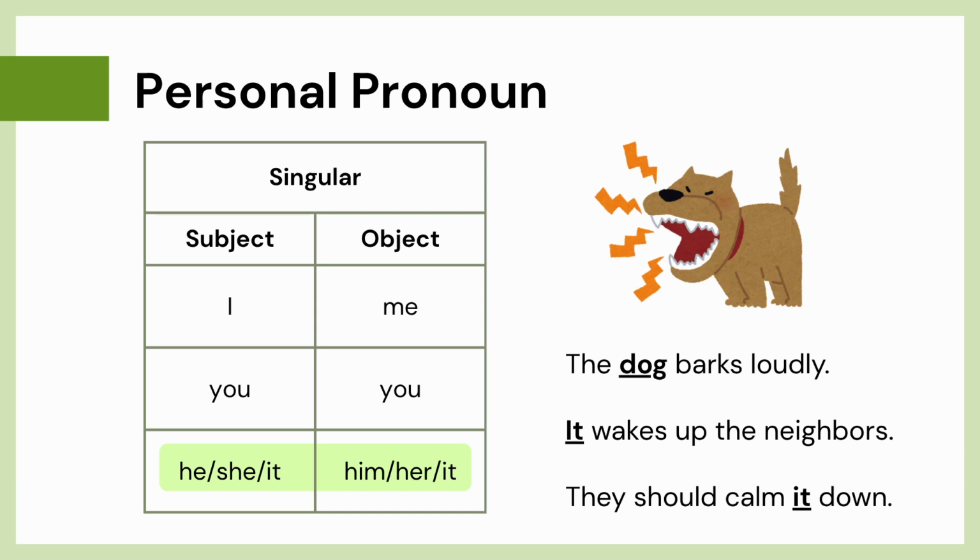The sentence is, the dog barks loudly. For dog, we can use the pronoun it if we don't know the gender of the dog. It wakes up the neighbors. They should calm it down. It becomes the object in this sentence.